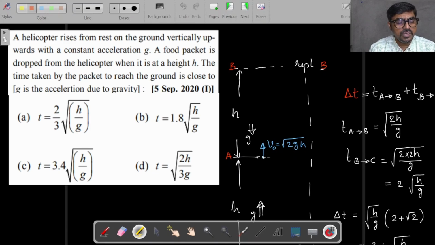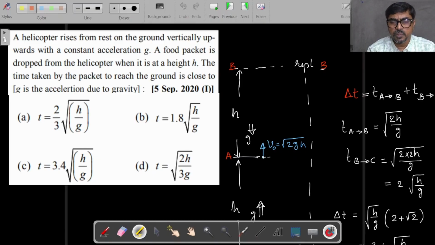Yeah, let us read the question. A helicopter rises from rest on the ground vertically upwards with a constant acceleration. Okay, initially it is at rest and it starts rising up with a constant acceleration g upwards. A food packet is dropped from the helicopter when it is at a height h. Okay. The time taken by the packet to reach the ground is close to.